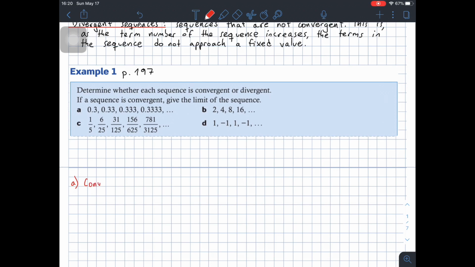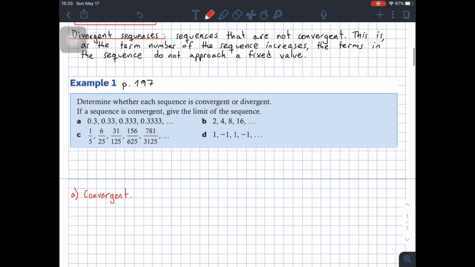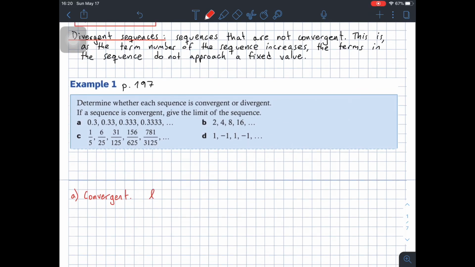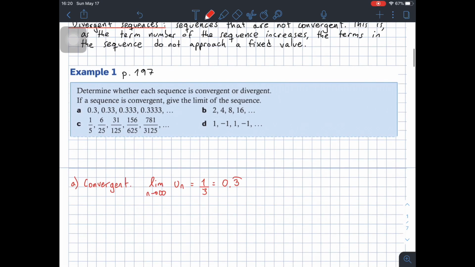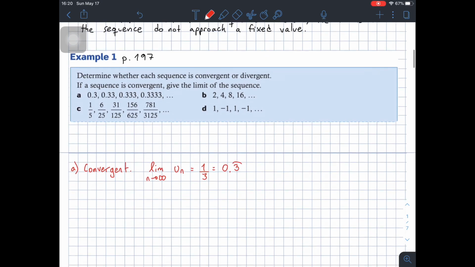And if we use the limit notation, we would say that the limit of u_n, when n tends to infinity, is 1/3. That's the converging value, right? Which is the same as saying 0.3 with the small hat over there, right? Like that. Okay, so that's A.